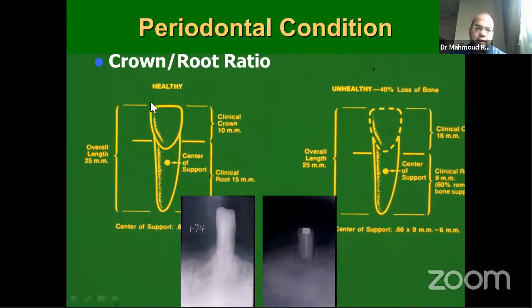This is lever class 1. When the force arm here increases, the effect of force increases so much, and this will lead to mobility of the abutment. Then we can lose it in the future.